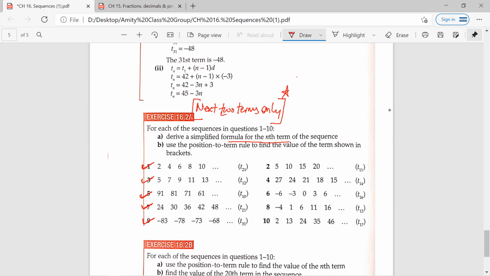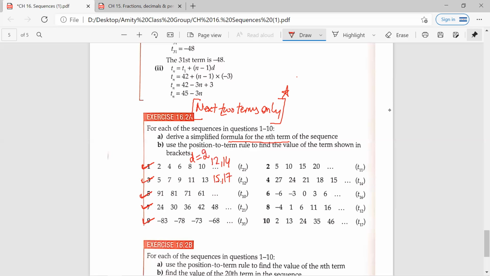Sanviji, what are the next two terms for question number 1? 12 and 14. What is the common difference for this sequence? 2. Shabash. Soumyaji, question number 3. The next two terms are 15 and 17. Shabash.